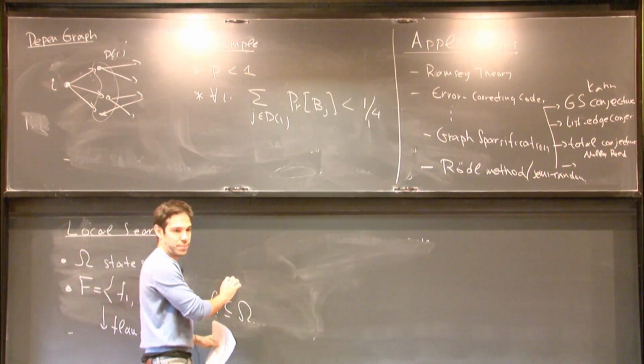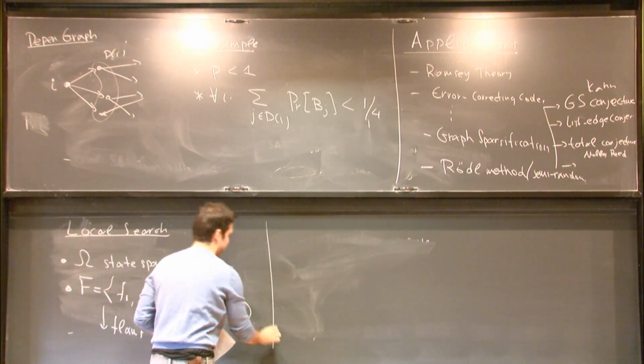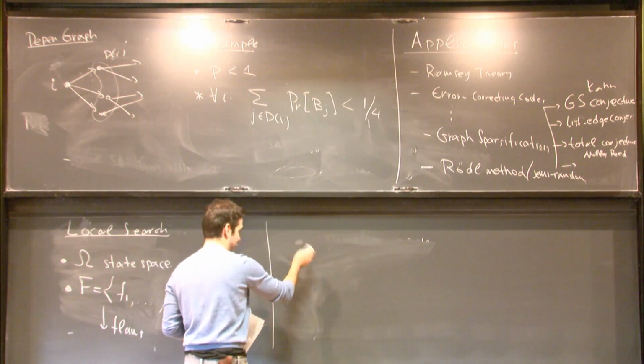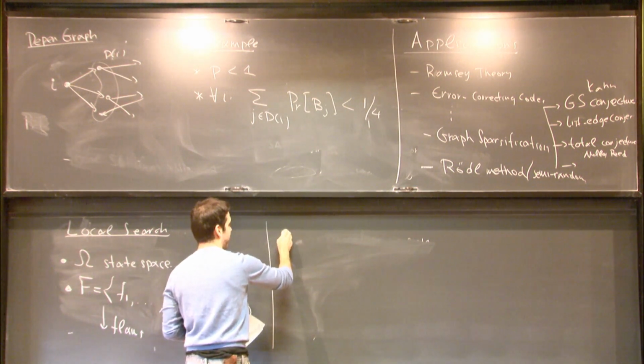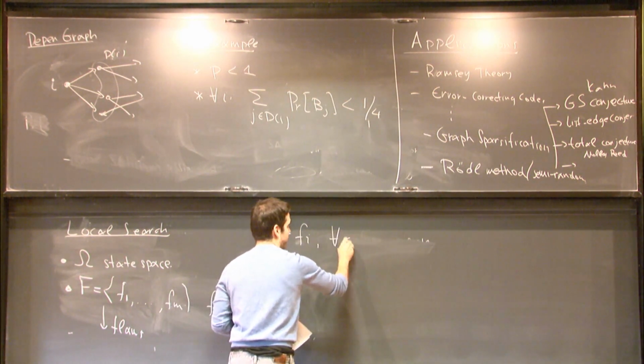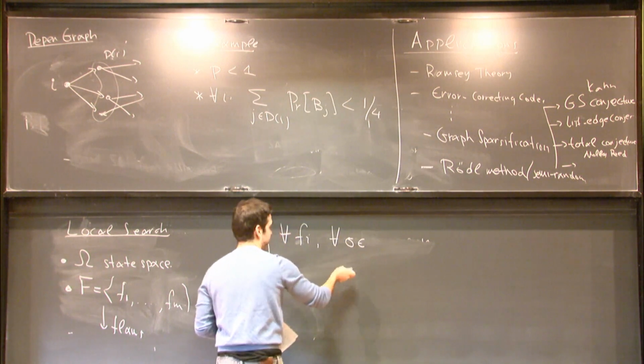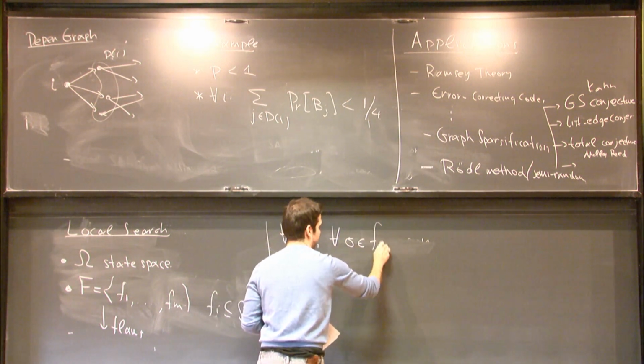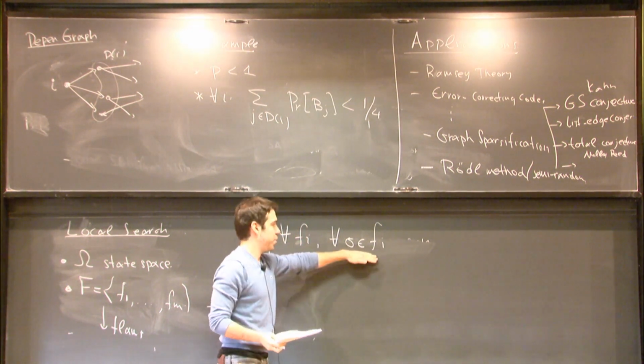So here are the algorithms we care about. So for each flaw fi and for each state that is contained in this flaw.